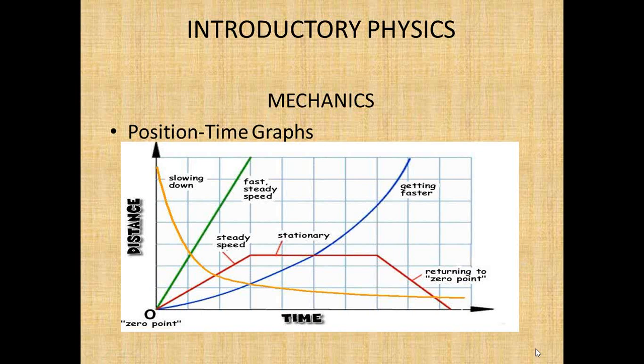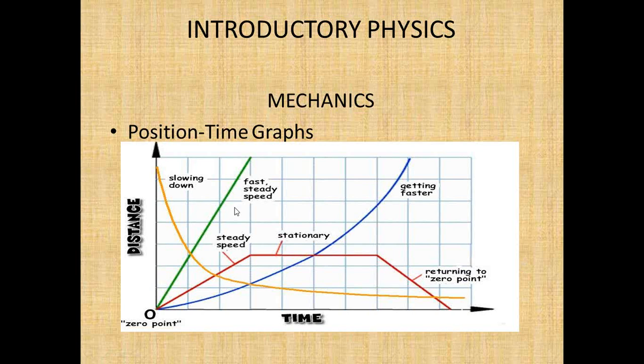Again, just to recap, when you plot position against time, the slope of the line or the slope of the curve represents the velocity.